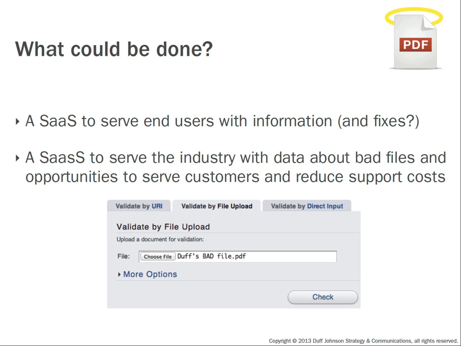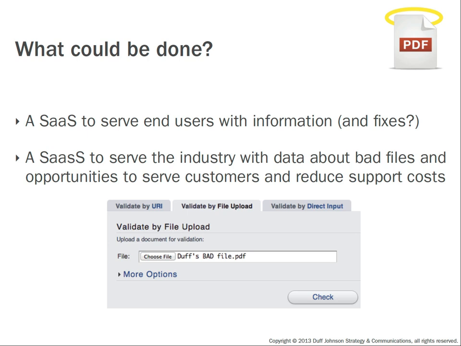Similarly, there may also be an option in such a system to allow the SaaS to forward the file to the PDF's producer or possibly modifier, that is to say the vendor, maybe one of you, as part of your affiliation with this validator. Nobody would force anything on anybody else.